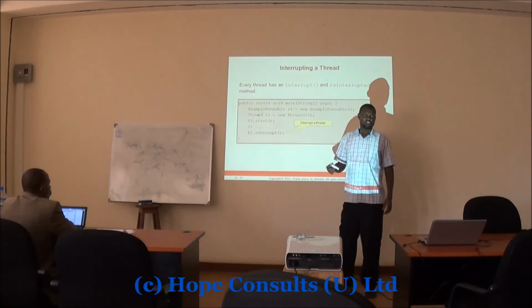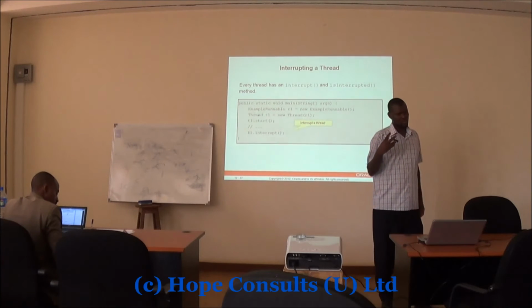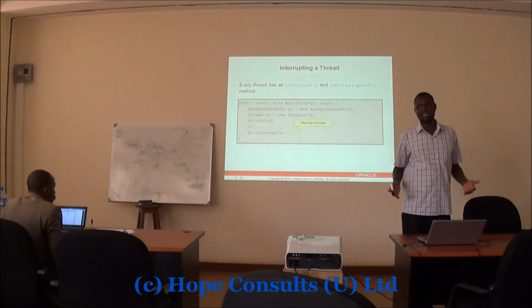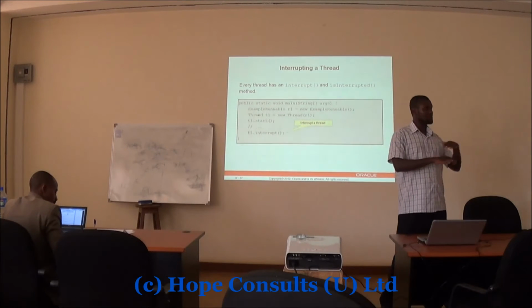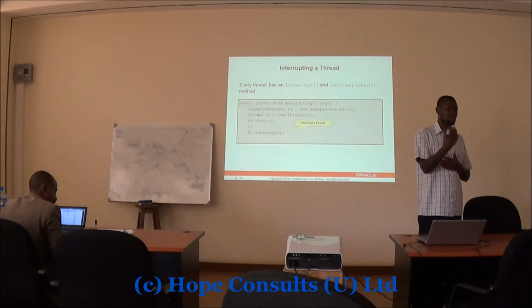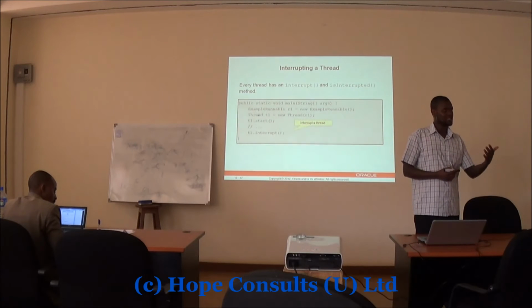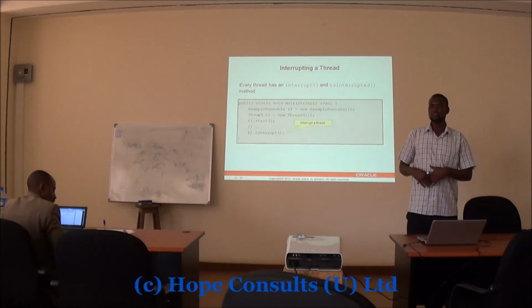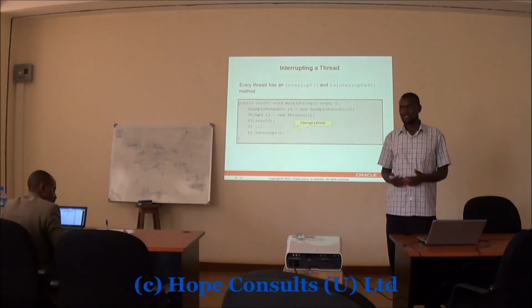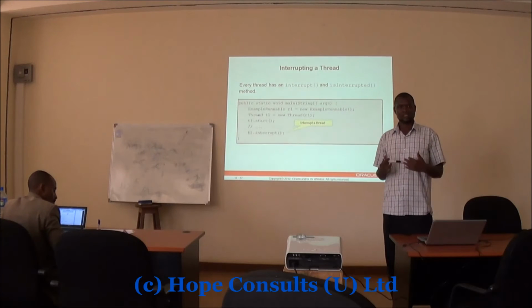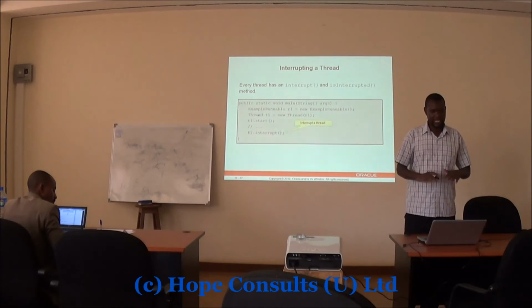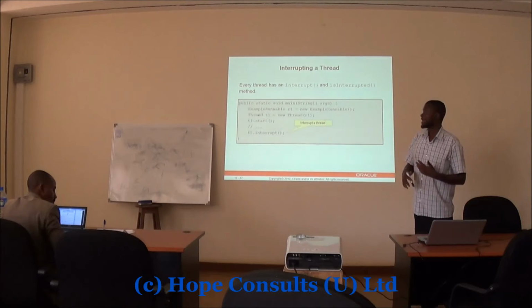Interrupt means you want to close that thread, the execution of that thread. But if you say interrupt, it will not stop immediately. It will first finish what it's doing, which might take the next 10 milliseconds, then it stops. You will not kill it automatically. You're just telling it, after you finish what you are doing, you can stop. It will not die just like that.